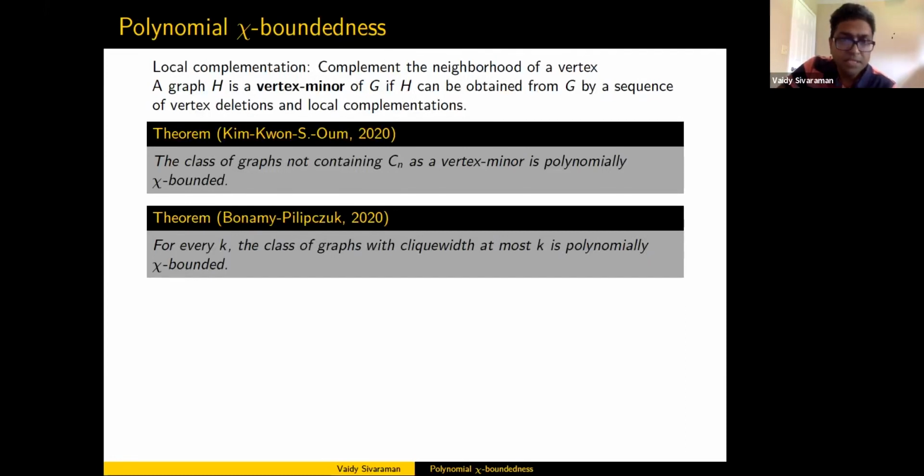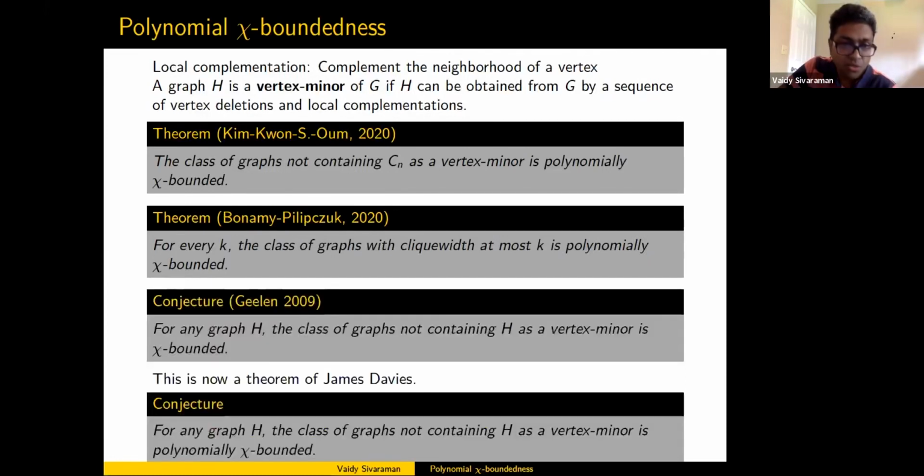And the reason we were interested in vertex minor was this theorem of Geelen from 2009. He said that it should work for any graph, not just a cycle. It should work for any graph. So this is like the Erdős–Hajnal conjecture.